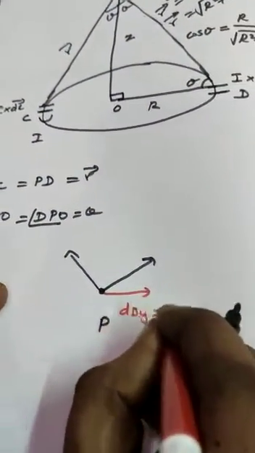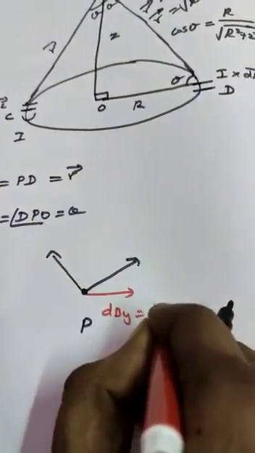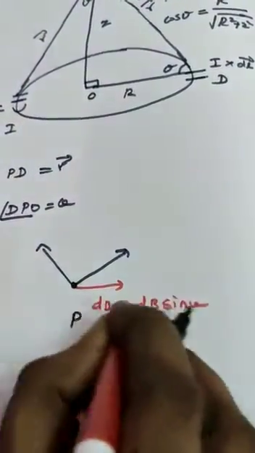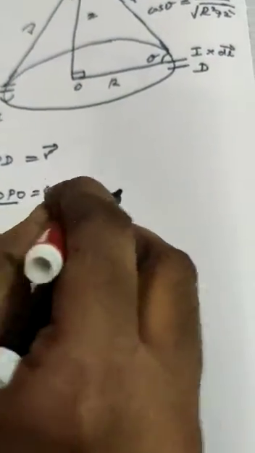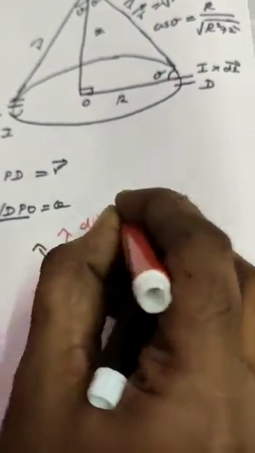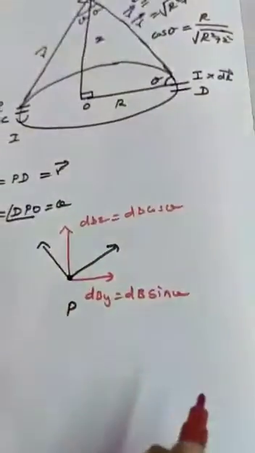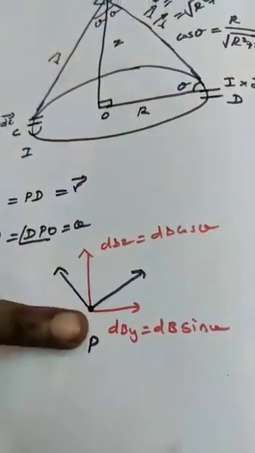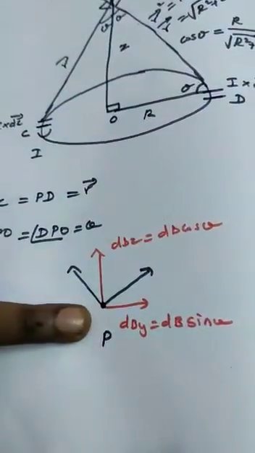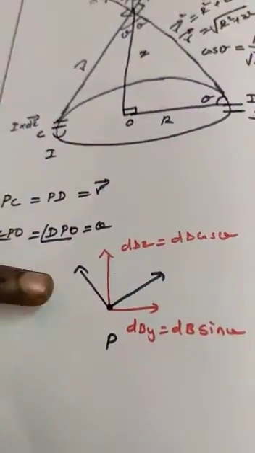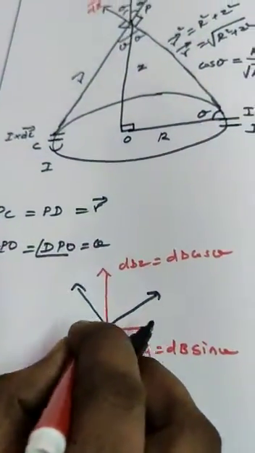dB y is equal to dB sin theta. So this is the horizontal, and dB z is equal to dB cos theta. So resolution of a vector is nothing but splitting the vector into its components. One is the horizontal and another one is the vertical component. Like this, the other vector is also going to be resolved into two components.